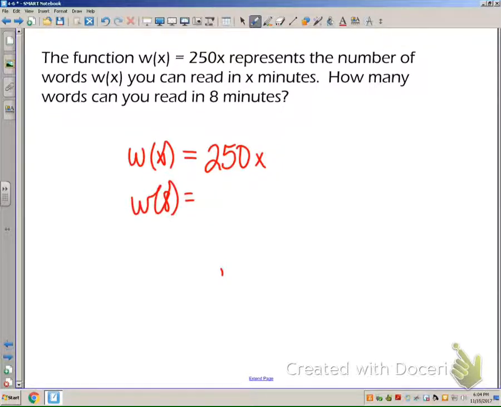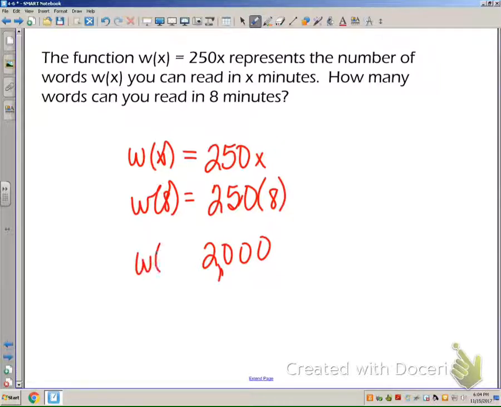So wherever we have an x, we're going to replace it with an 8. So 250 times 8 would be 0, 0, carry my 4, that's 16, 20. So 2,000. W of 8, in 8 minutes you can read 2,000 words if you read 250 words per minute.